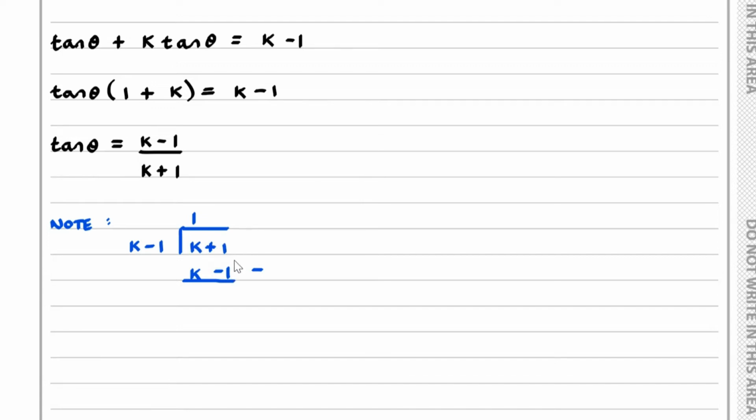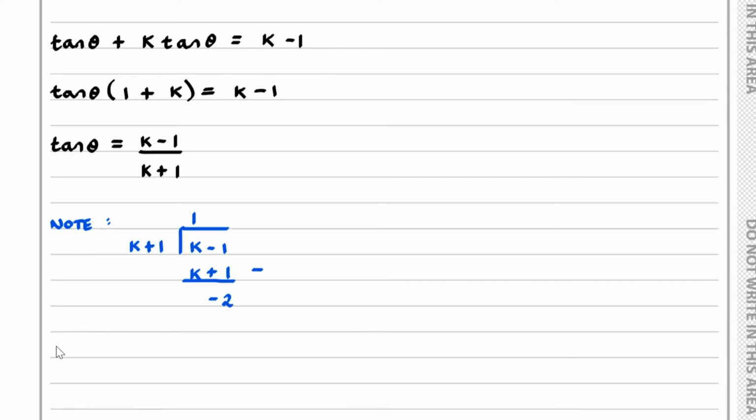If I subtract these, I've got the k minus 1 and here I've got the k plus 1, then I have minus 2 as my remainder.